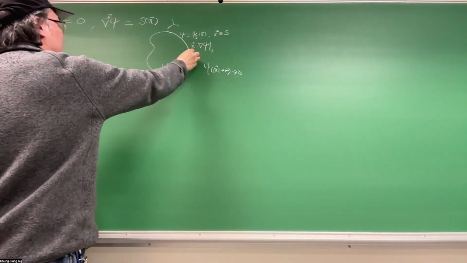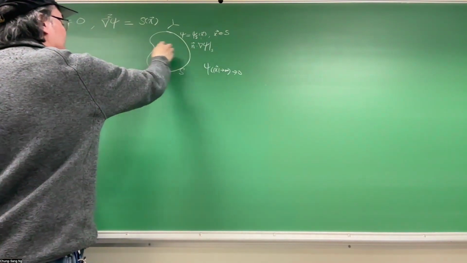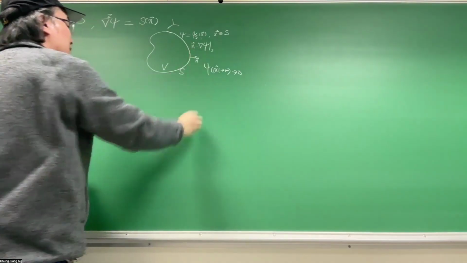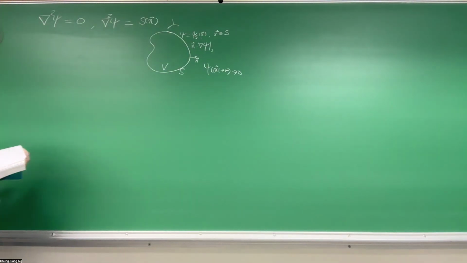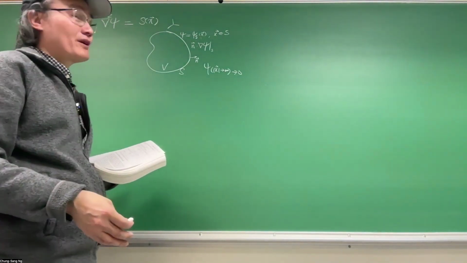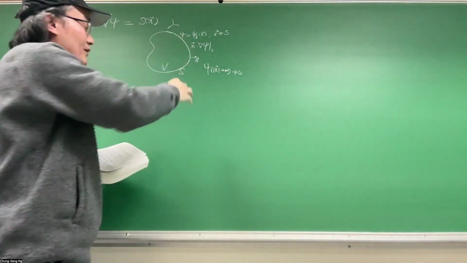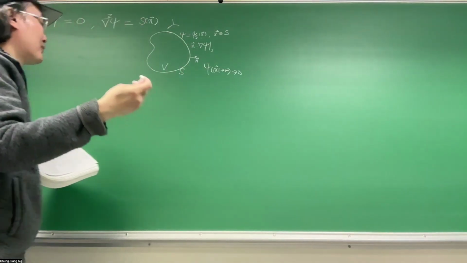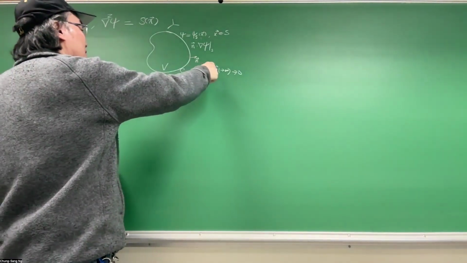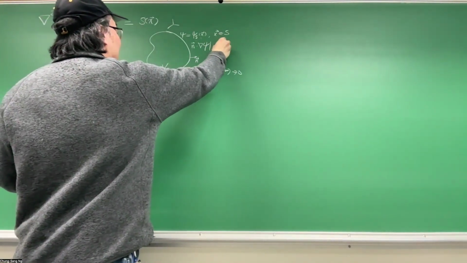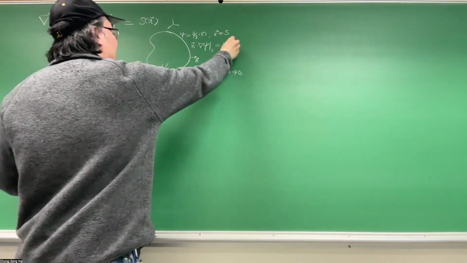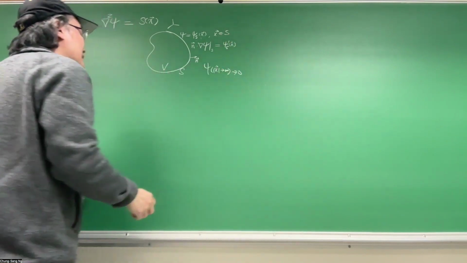And n is the normal direction, and now you need to pay attention to the context of your problem. Sometimes it is defined as pointing outward from the interior of the problem, sometimes it's defined pointing inward, but either way it is the normal derivative. So this is given as some function that depends on x on the surface.